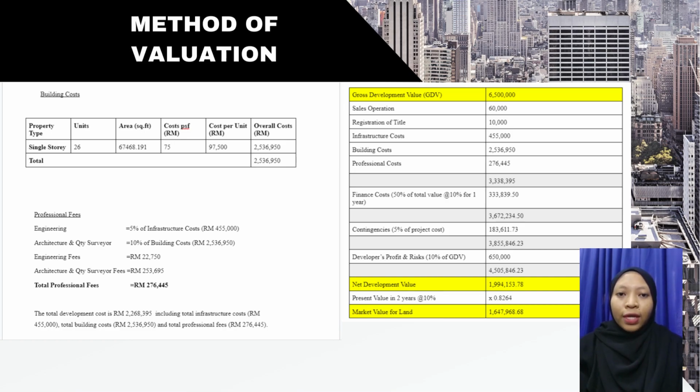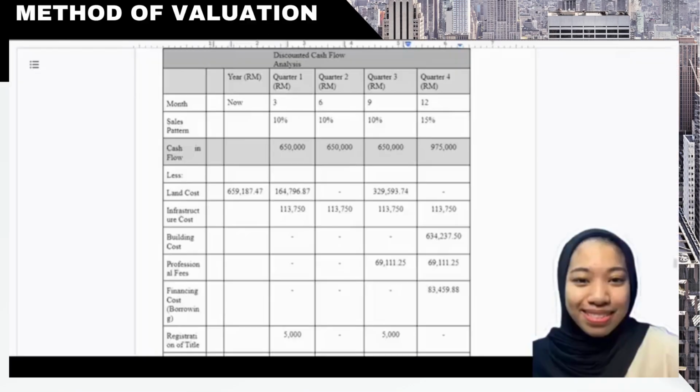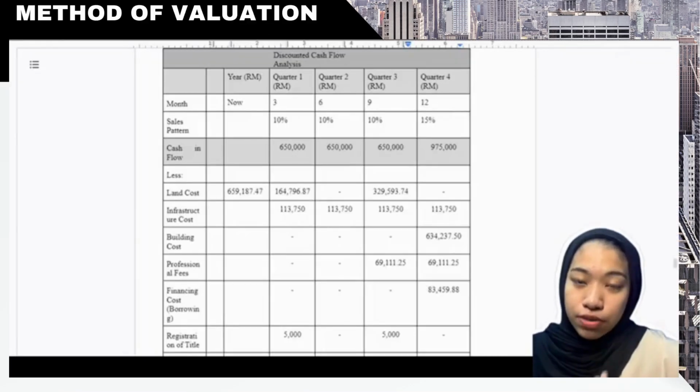Next is professional fees. The total we got is 276,000 ringgit, which is from 5% of total infrastructure costs and 10% of total building costs. The market value that we get in total is 1,647,668 ringgit. Now we move to discounted cash flow analysis.